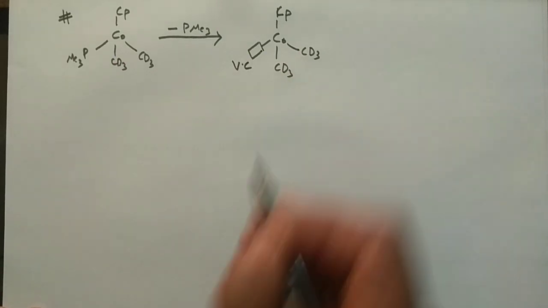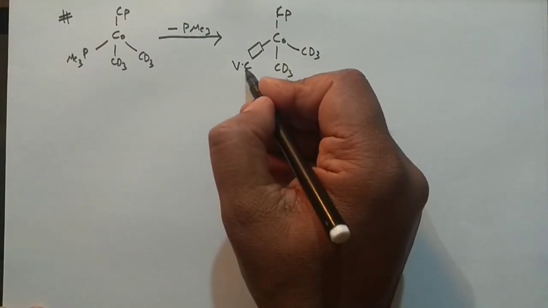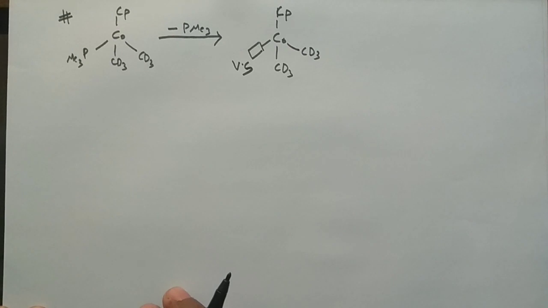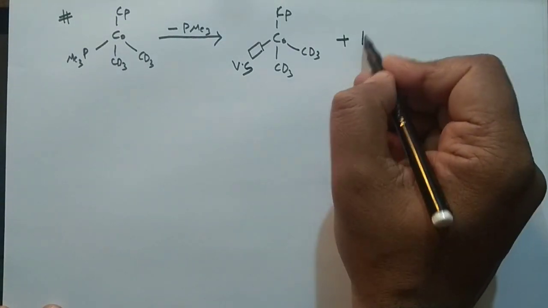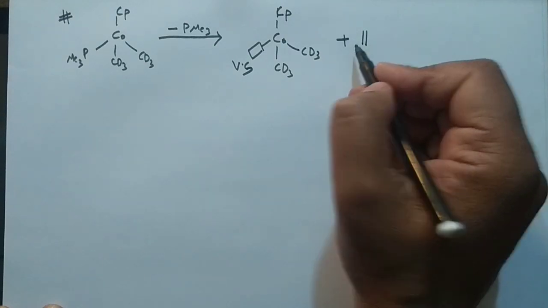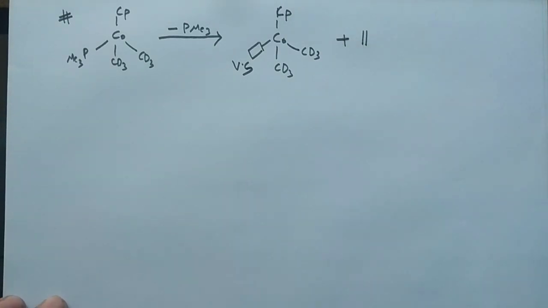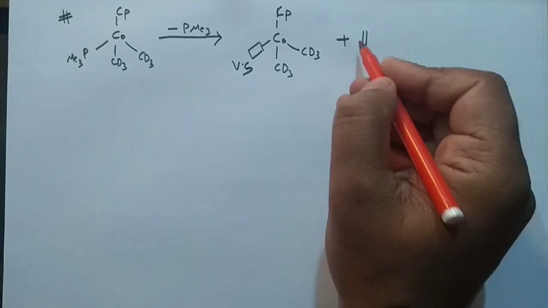I'm writing VS for this, vacant site. When this vacant site is there, only then can you react with this alkene. So this alkene which is present here will occupy this vacant site.